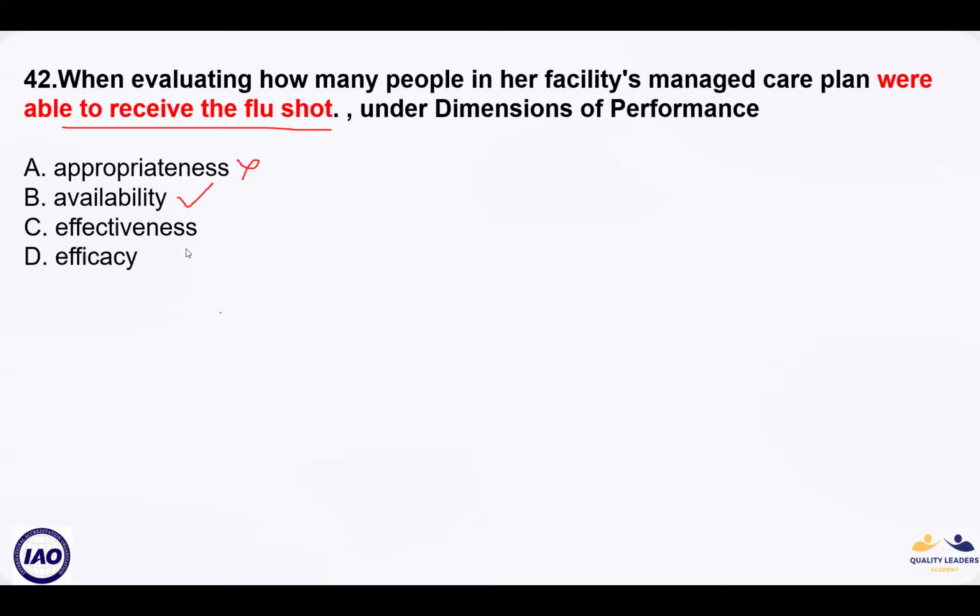Effectiveness is outcome, how well the flu shot actually improved health in real world conditions. So this is not it. Efficacy is the capacity of the flu shot to work under ideal conditions, the vaccine's power. So this is not the right answer. Here, "were able to receive the flu shot" is the keyword for availability.